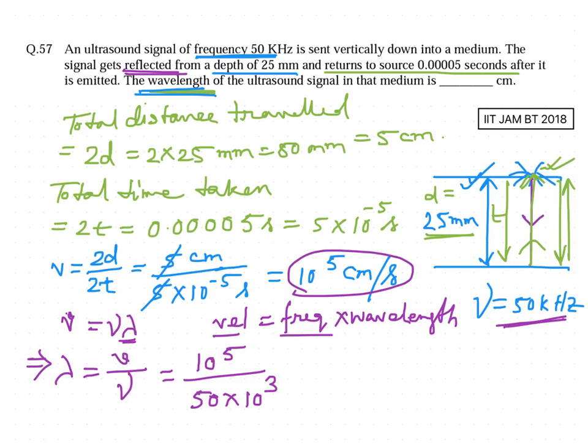Okay, and we get 10 square, that is 100 divided by 50. That means 2 centimeter. So here our answer is 2 centimeter. So the wavelength of the ultrasound signal in the medium is 2 centimeter. Okay, so we have successfully solved the problem.